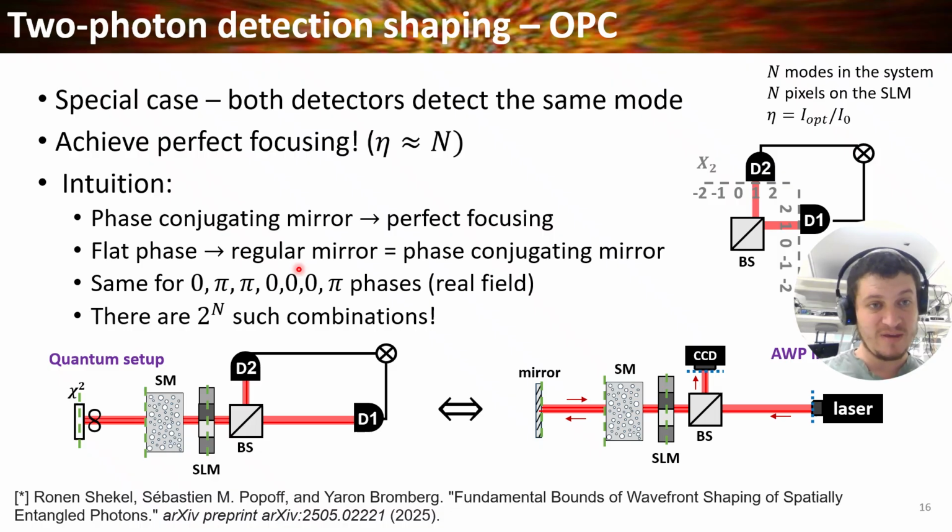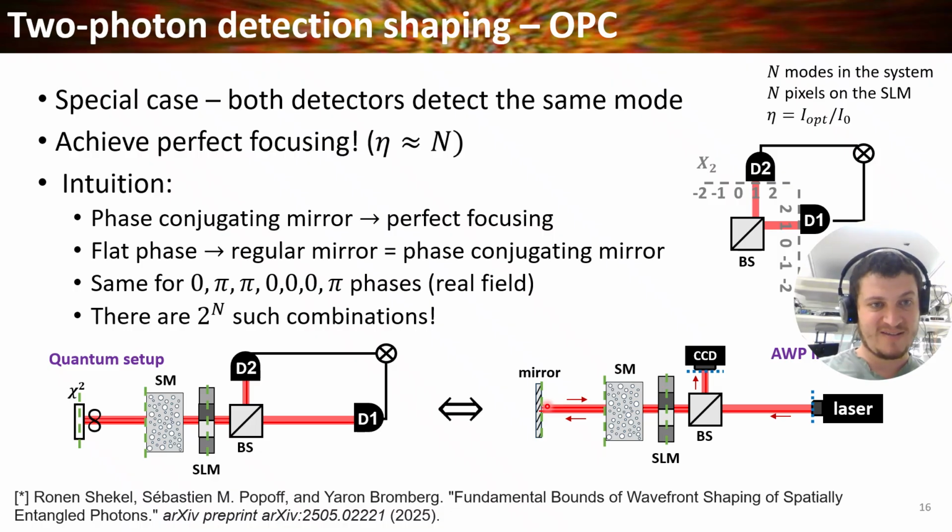And in fact, the same thing is true also if the phases are 0 or pi, because minus 0 is 0 and minus pi is pi under 2 pi modulo. So basically, if the field is real in this plane, the mirror will act as a phase conjugating mirror, and we will get perfect enhancement.